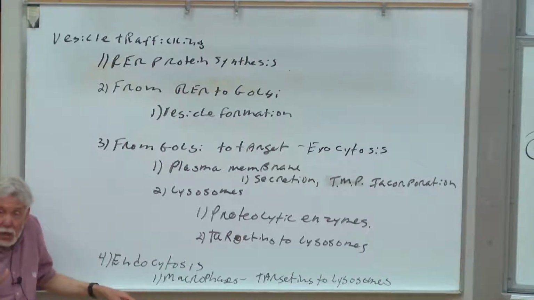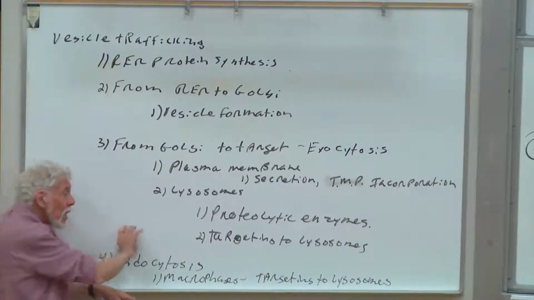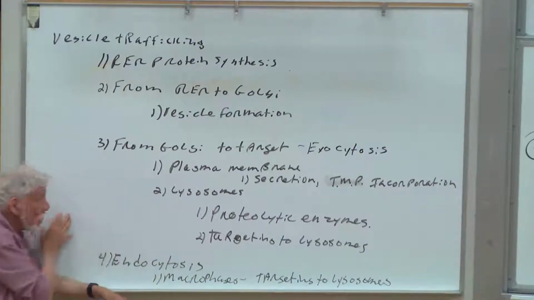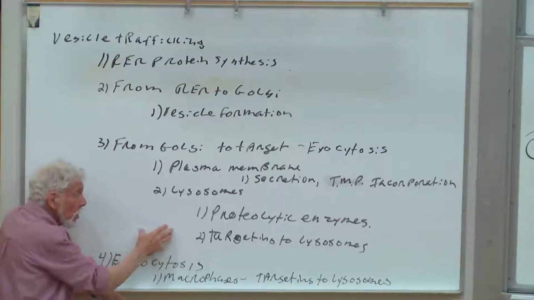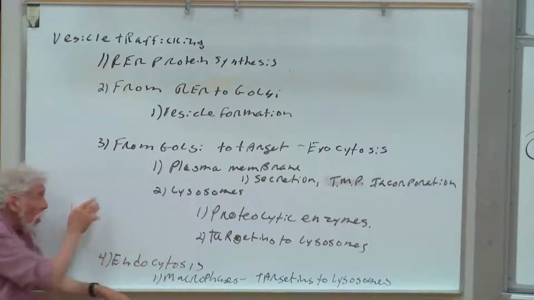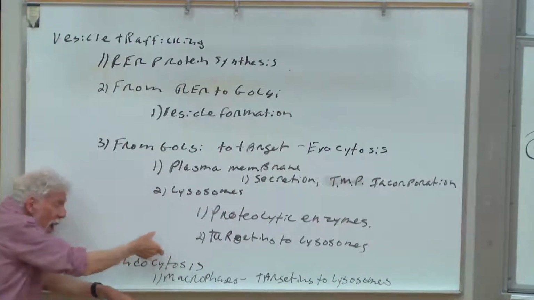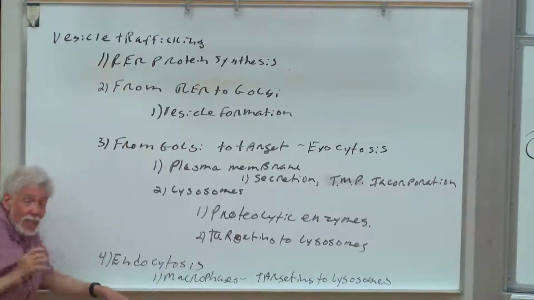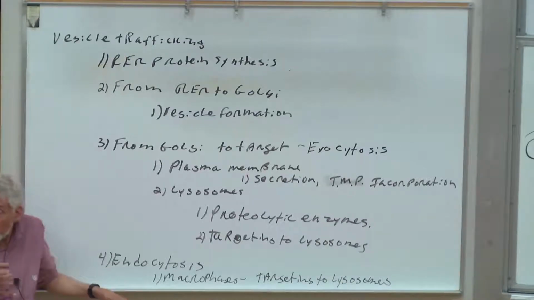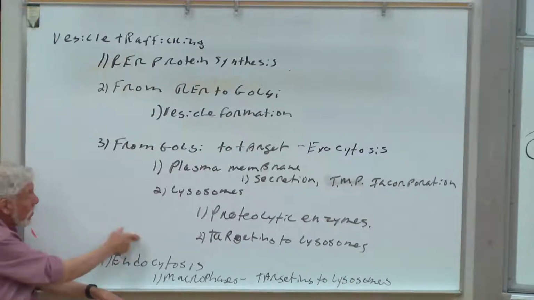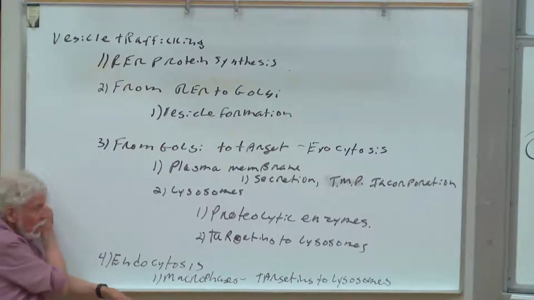The proteins that are destined to go to the plasma membrane and leave the cell by secretion, by exocytosis, those proteins are trafficked into a subset of vesicles. Those vesicles now are then going to be targeted to the plasma membrane and they'll go to the outside world.